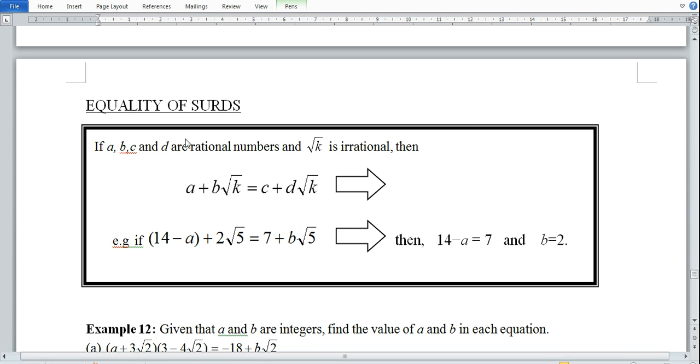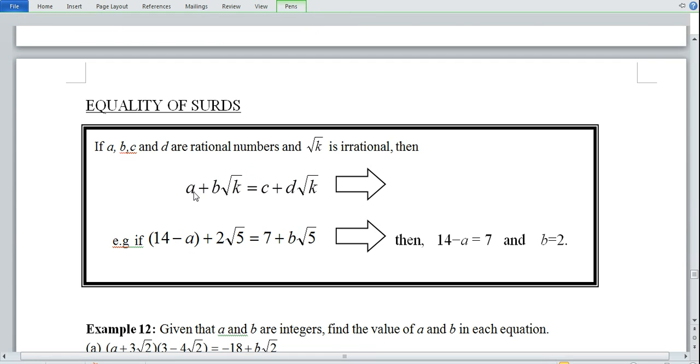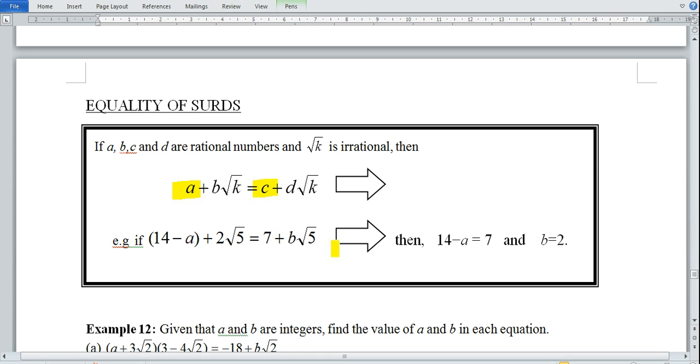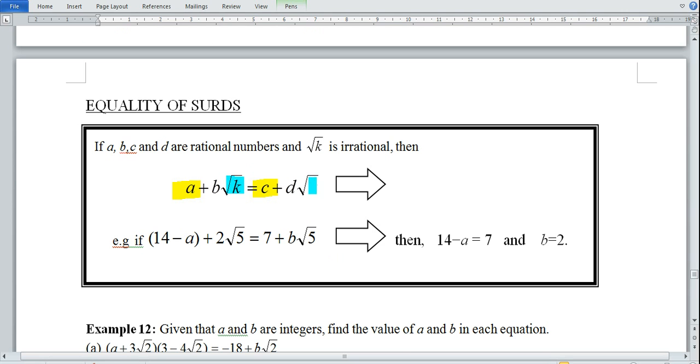If you are given a plus b square root k is equal to c plus d square root k, by comparing, I can say that the constants are equal, and because the surd is also equal, b is also equal to d.